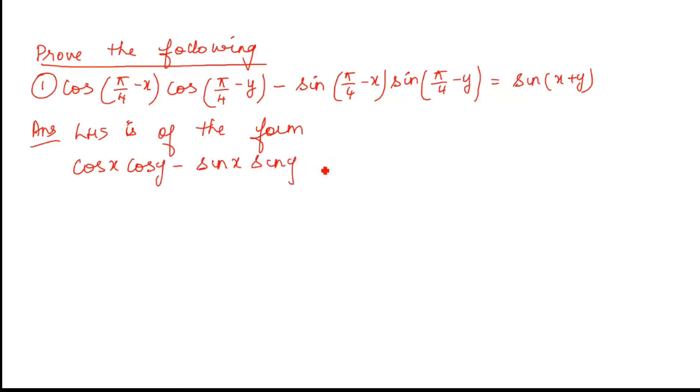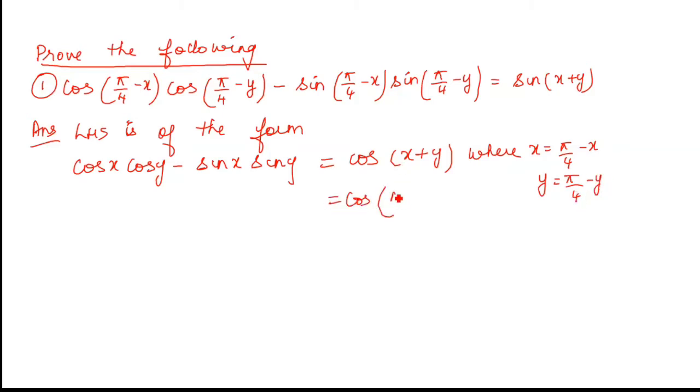And this is which formula? It is the formula cos of x plus y. Where x means who now? Pi by 4 minus x. Y means pi by 4 minus y. So I will substitute. So that is equal to cos of x means pi by 4 minus x plus y means pi by 4 minus y.